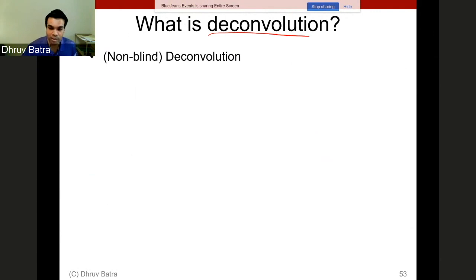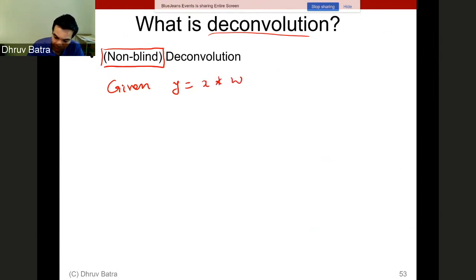So formally, deconvolution, or more specifically, non-blind deconvolution, is given y, which is the output of x convolved with w, and w, find x. This is the formal definition of the problem of deconvolution.